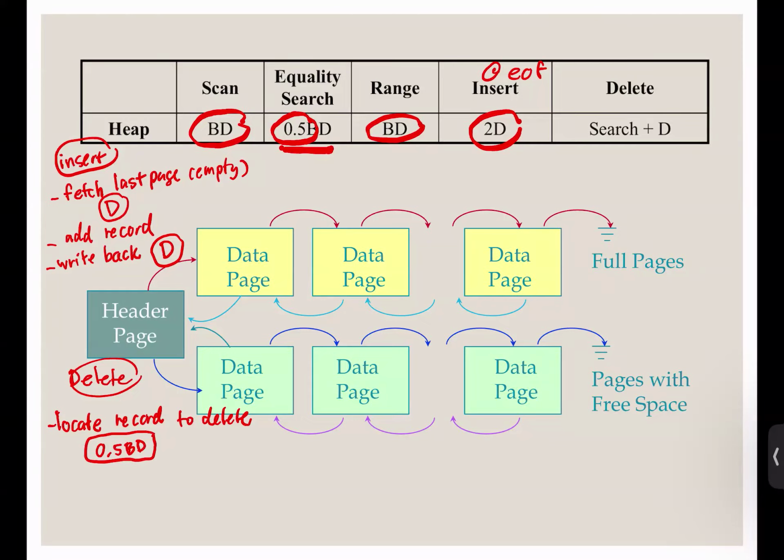And in that case, it will bring the page that I want onto main memory, and then I could remove or delete the data record from the page. Okay, but this is on main memory only. So I have to write back.